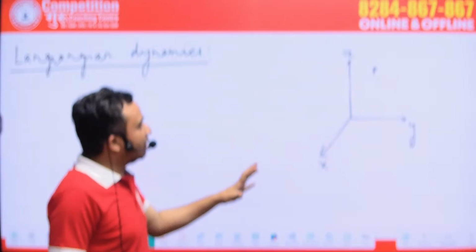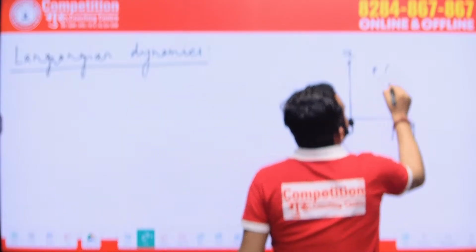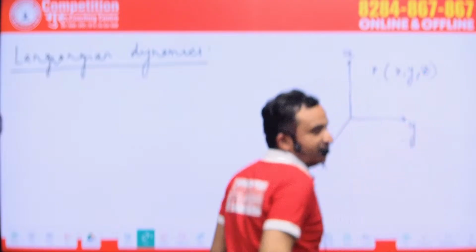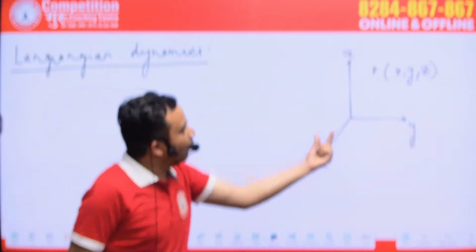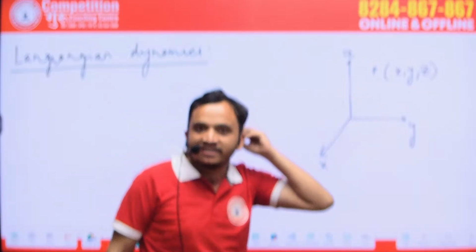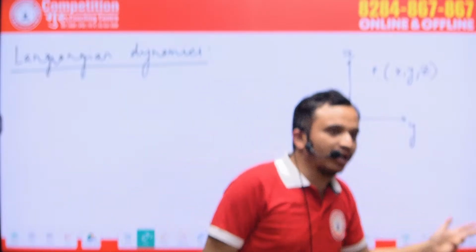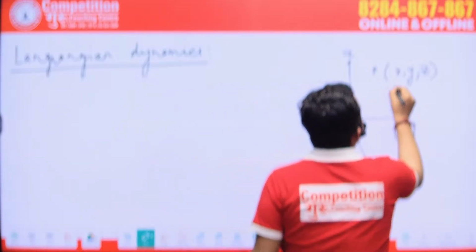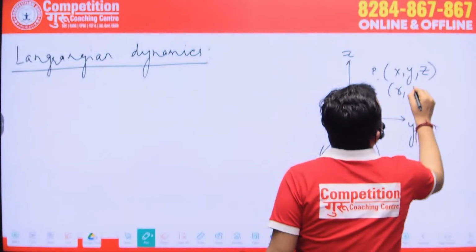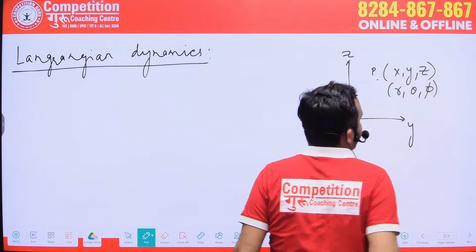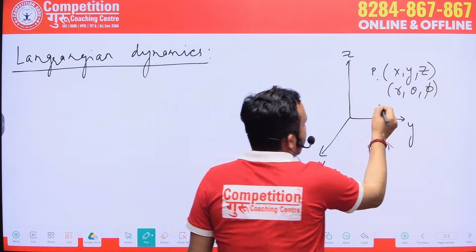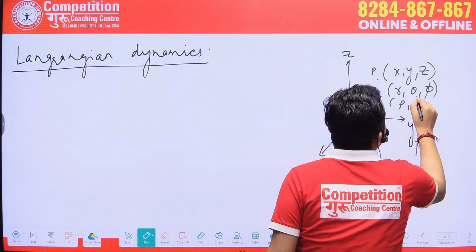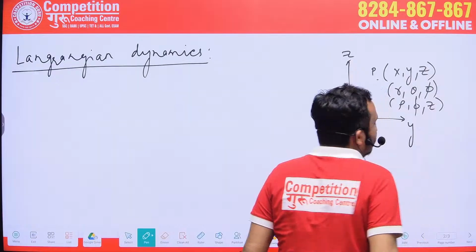In Cartesian coordinates, the coordinates are x, y, z, that is the position along the x axis, the y axis, and the z direction. Similarly in the spherical coordinate system, the coordinates are r, theta, phi, and in cylindrical, the coordinates are rho, phi, z.